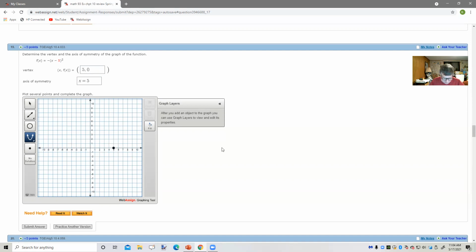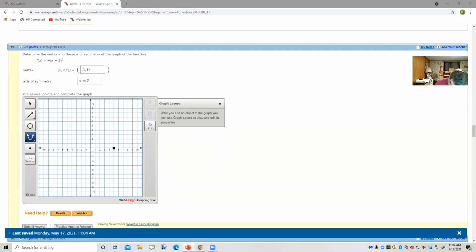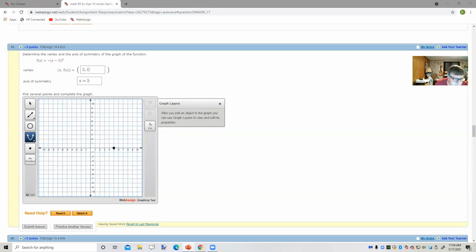So let's see. We've got f of x equals negative the quantity x minus 5 squared. Oh, notice there's a negative sign in front. So this thing's going to open downward, isn't it? Since the vertex is at 5, 0, let's put in, how about 6? So let's find out what f of 6 equals.